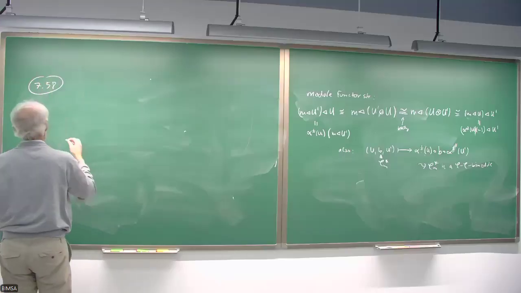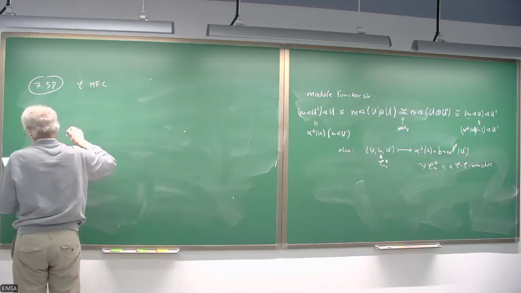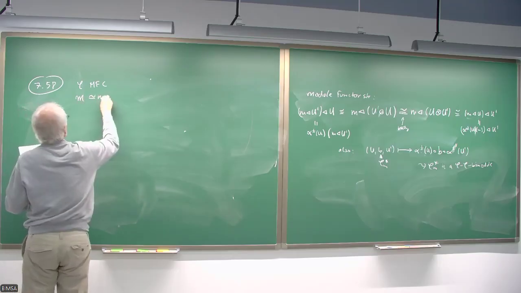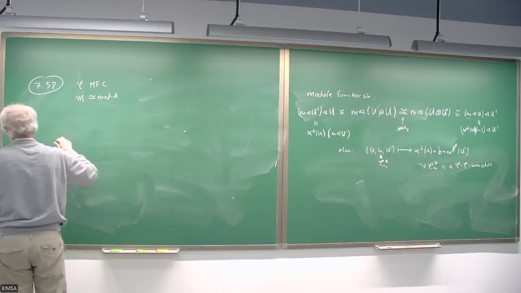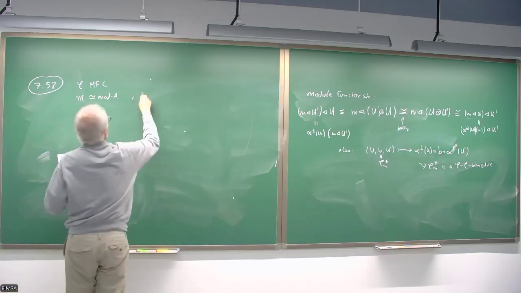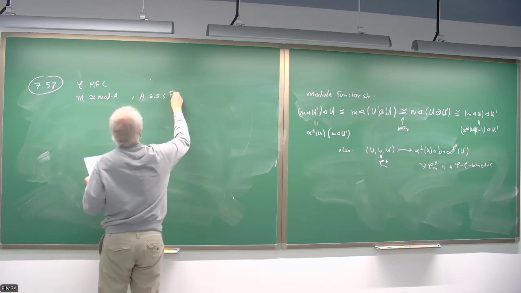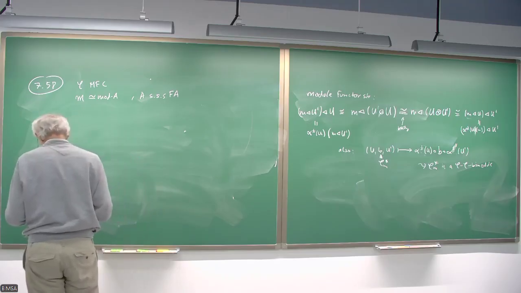So we are in the situation that C is a modular fusion category. M is a module category, say isomorphic to A right modules, and A is now a simple special symmetric Frobenius algebra in C.